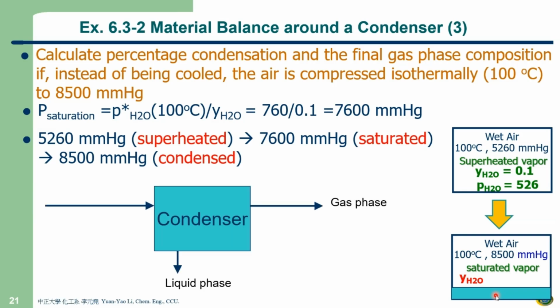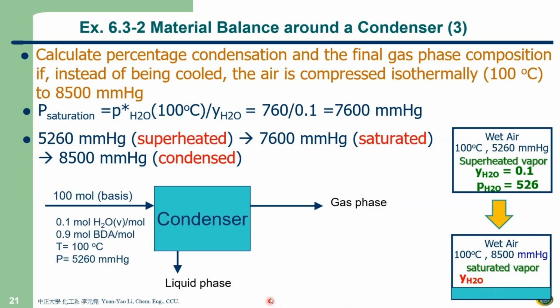Again, let's write down a flow chart, which is easier as a continuous process. You can vary the temperature and the pressure, and you can create this kind of situation. So you have 100 moles as a basis.